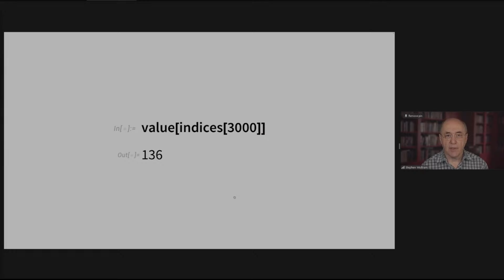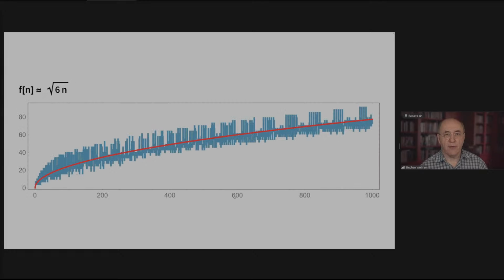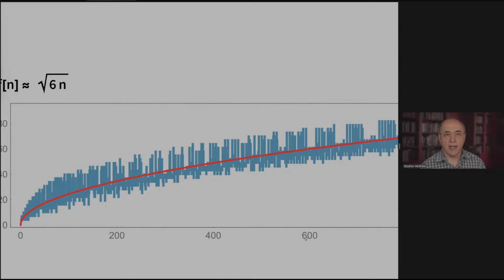So what else can we see about the behavior of f of n for P312? One notable feature is its overall growth rate. For large n, as one can see by substituting this form into the recursive definition and just taking a limit, one can determine that f of n is about square root of 6n. And you can see the fit there. It's a fine fit, the red line.